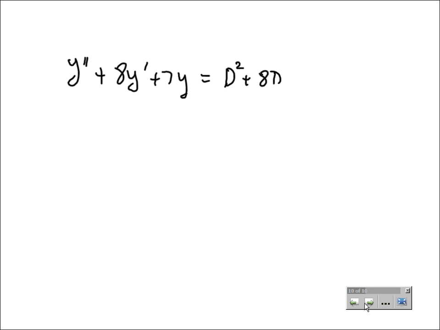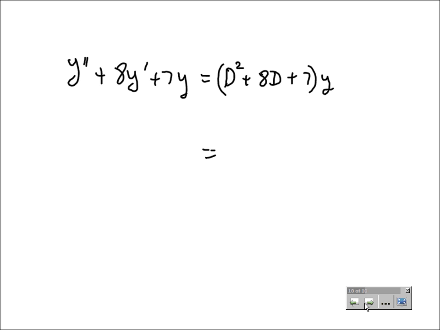Now, to start getting ready to solve differential equations, I want to point something out. If you have y double prime plus 8y prime plus 7y, this is the same as the second derivative plus 8 times the derivative plus 7 operated on y.